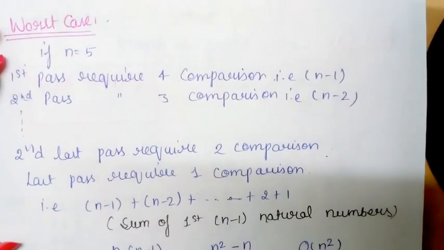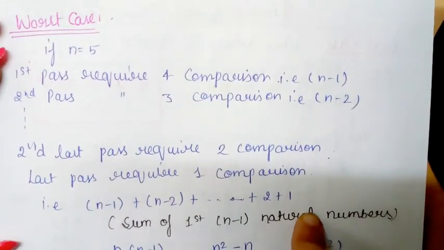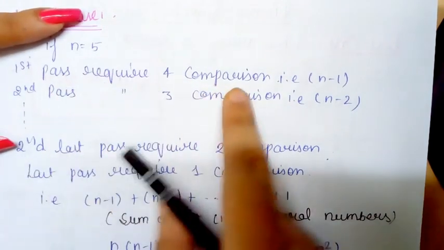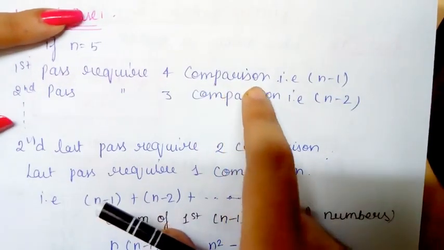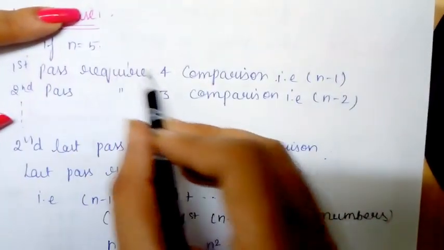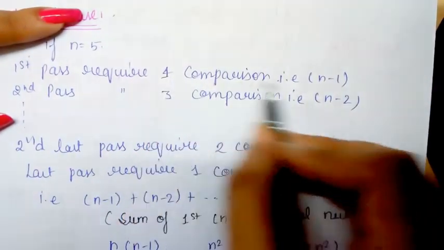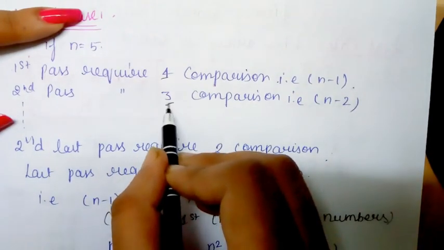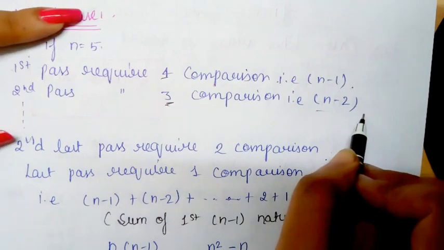Now what is the worst case time complexity for bubble sort? In the worst case, if we have 5 elements, the first pass will require n minus 1 comparisons, that is 4. In the second pass it requires 3 comparisons, that is n minus 2.